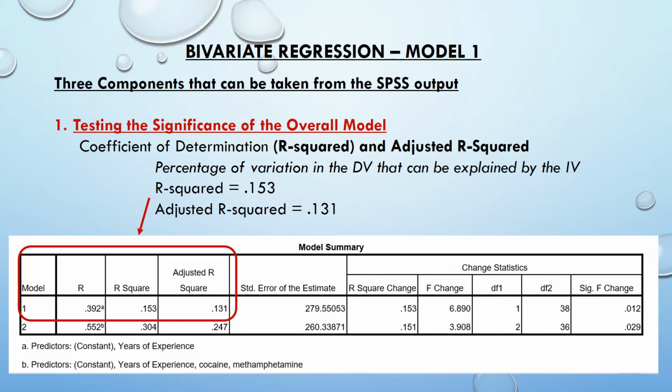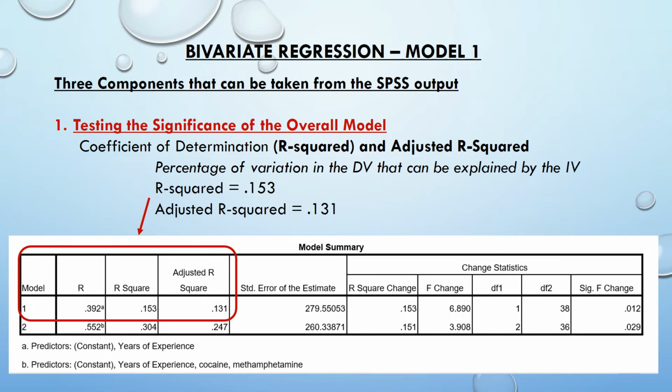And if you happen to introduce a variable that is not a good predictor of the outcome, adjusted R squared can actually go down if you put a bad predictor in. So my go-to, when somebody asks about the significance of the overall model and coefficient of determination, I go with adjusted R squared.